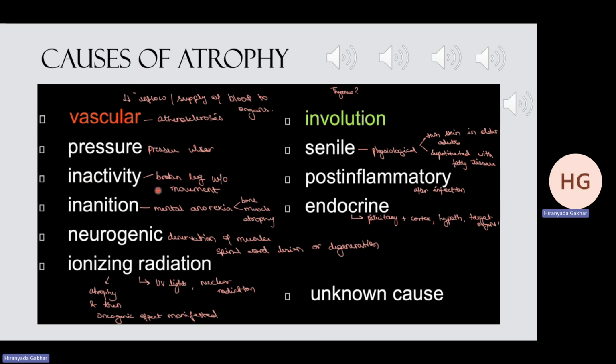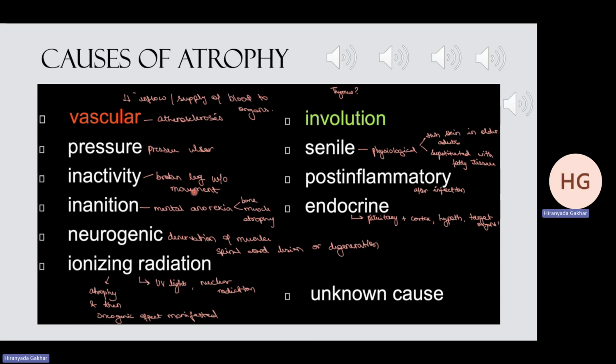For example, when you have a fractured bone and it is immobilized in a plaster cast, or when the patient is restricted to bed rest, that is when skeletal muscle atrophy occurs because it is not being used. Initially, there is a decrease in the cell size and it is reversible when you resume activity. But when this inactivity is prolonged, the skeletal muscle fibers also decrease in number due to apoptosis.